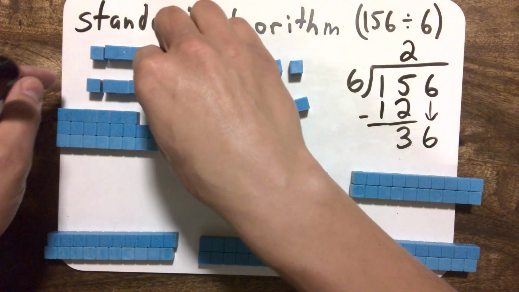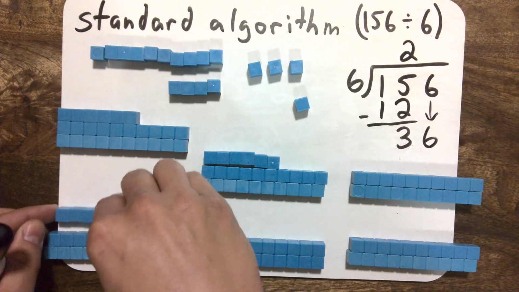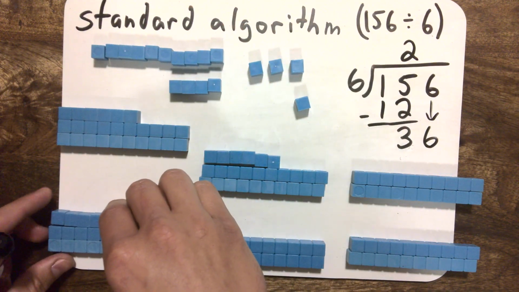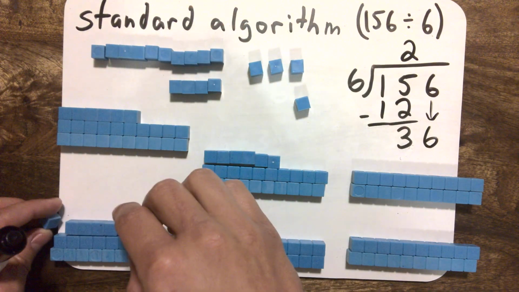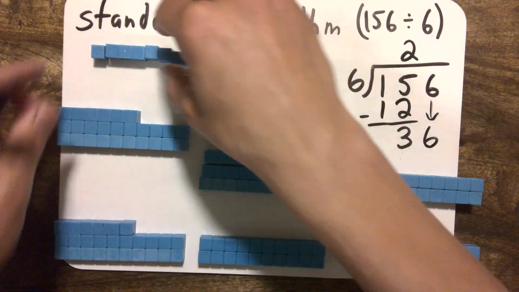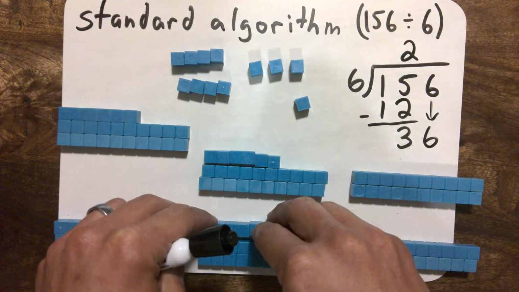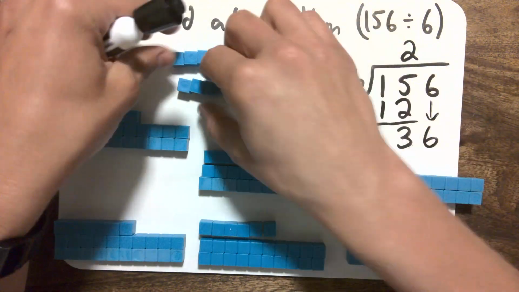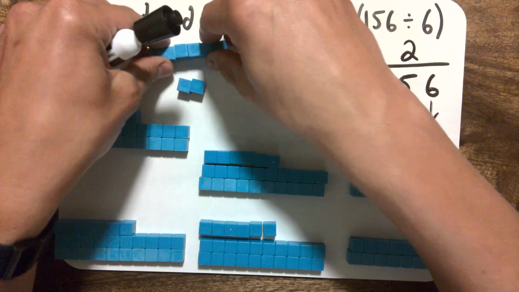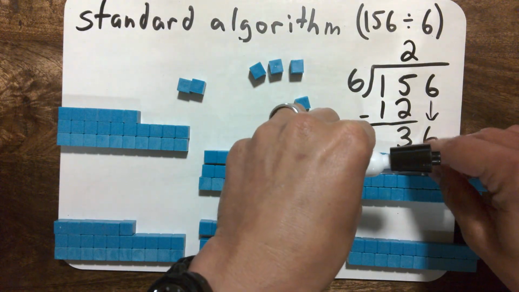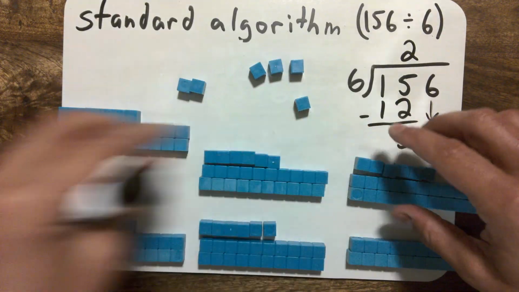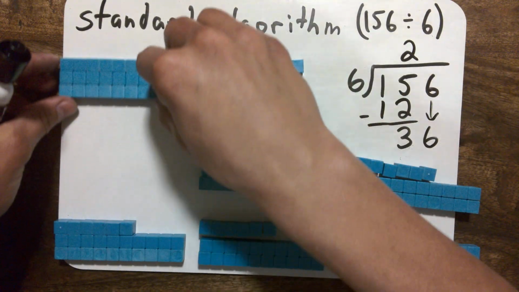I'm actually going to rotate these around a little bit as we go. So I'll take 6 ones and put them into each group. Move these over.